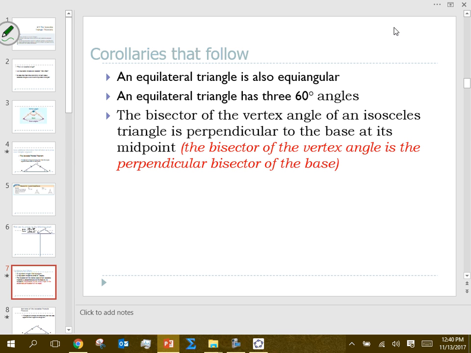Now, what's kind of neat is, in any isosceles triangle, when you find the vertex angle and you bisect it, you will always get congruent segments at the base and right angles at the base. But also, if you start off knowing that you have an isosceles triangle and you get right angles at the base, then you know that segment also bisected the vertex angle and the base.